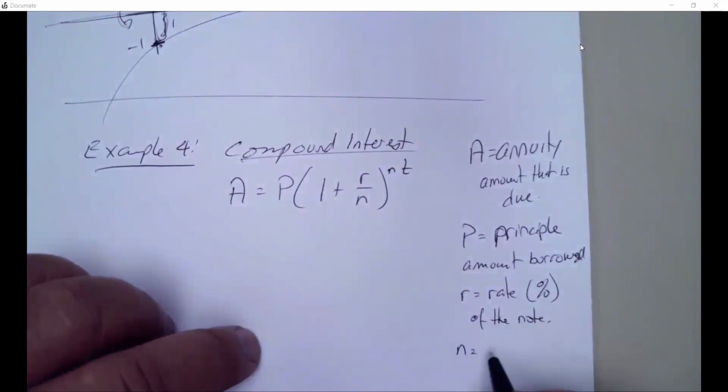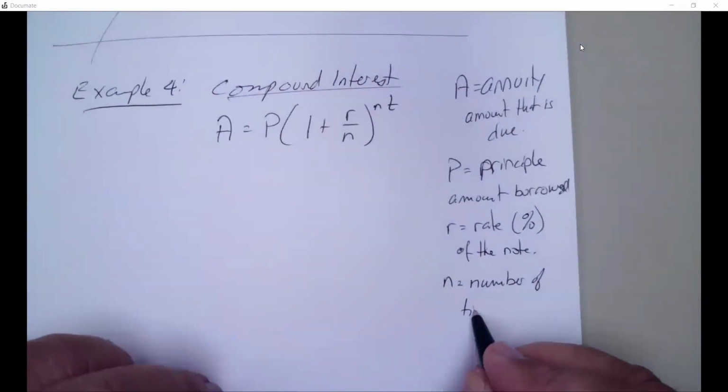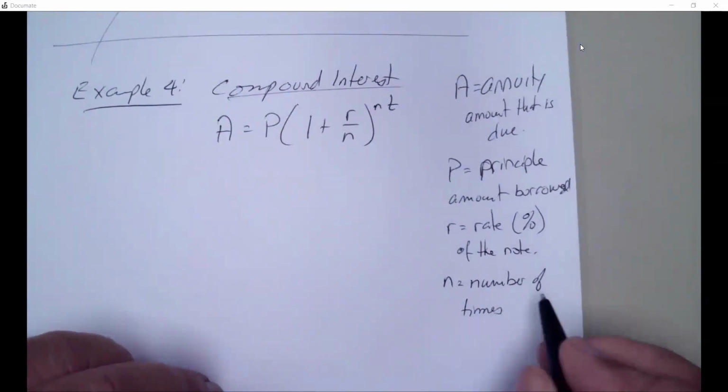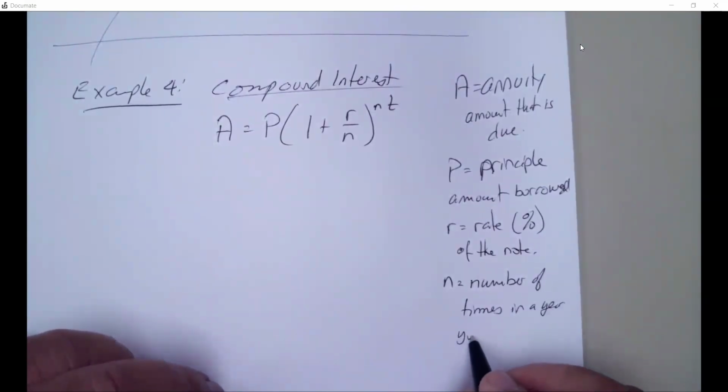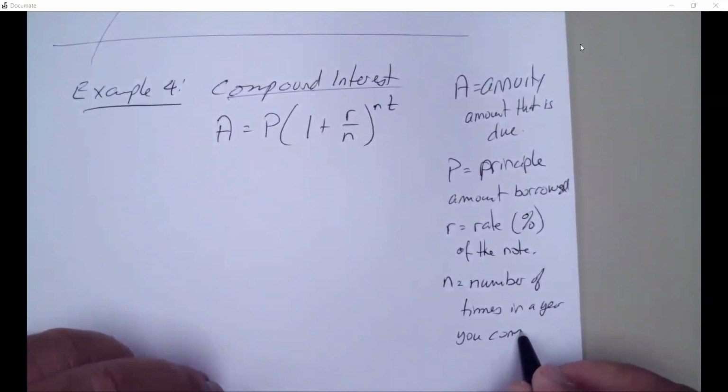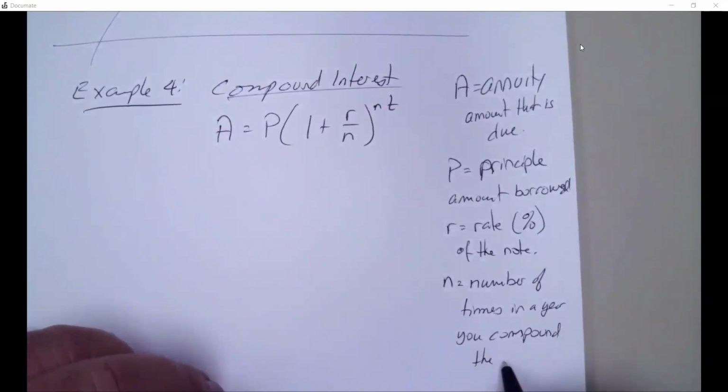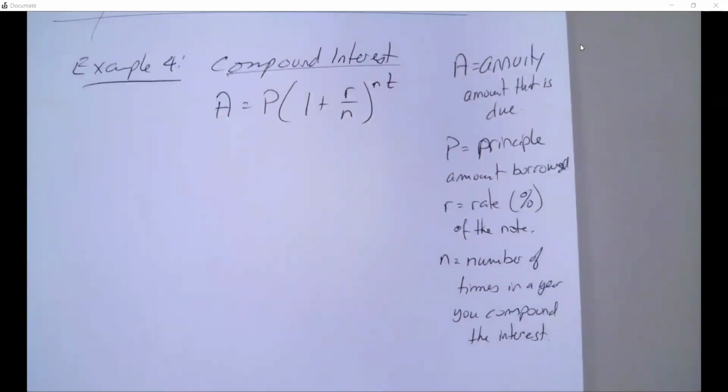N is the number of times in a year you compound the note, the interest. So N could be, if it's monthly, it's 12.